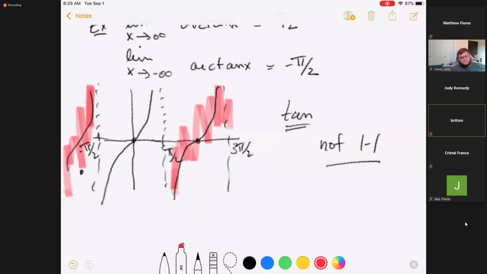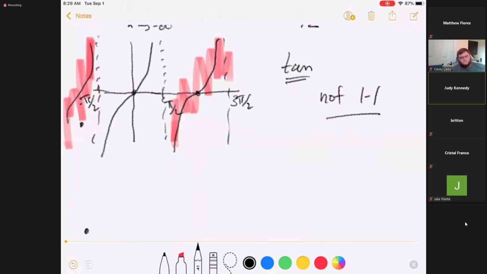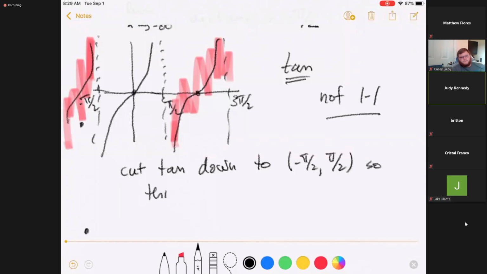We only want to take one open interval, so we cut the tangent down to, and everybody agrees it ought to be, the interval minus pi over 2 to pi over 2. So this cut down tangent is one-to-one.